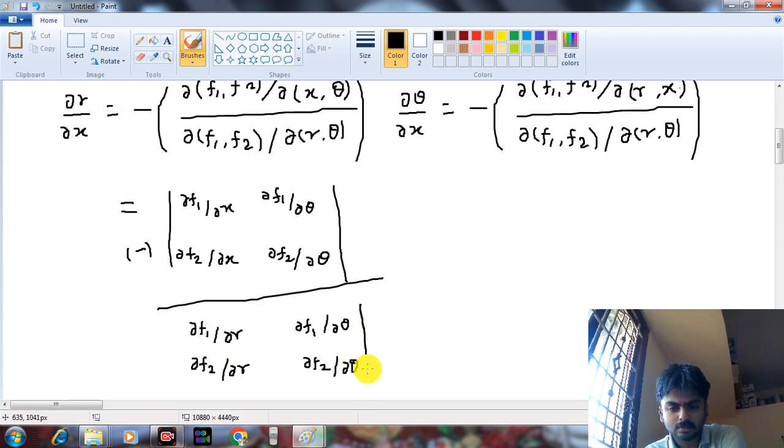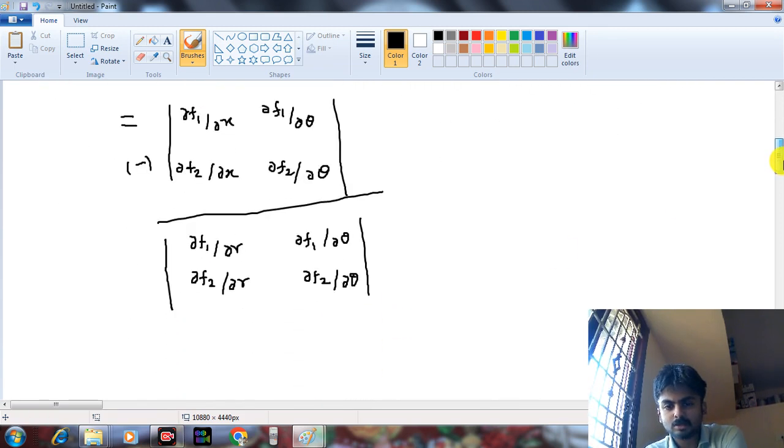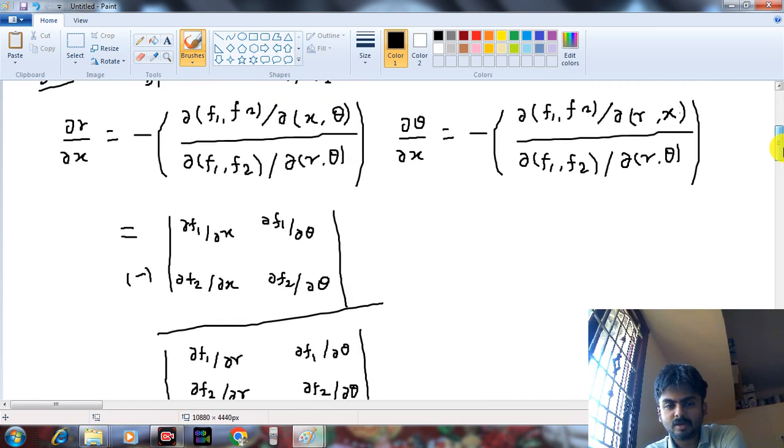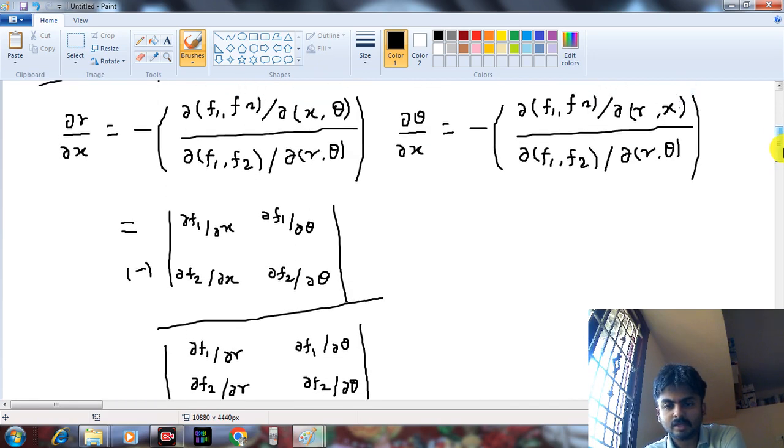So this is the Jacobian we are having for finding the above partial derivative.